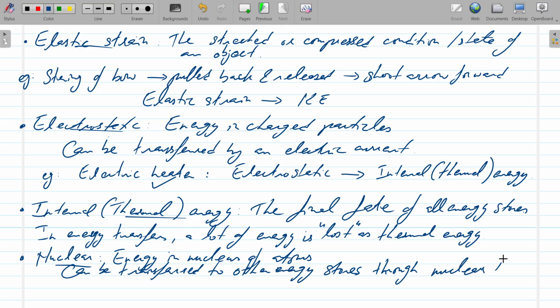So, nuclear fission and fusion reactions, and both of these involve tinkering with the nucleus of atoms and tapping into the vast, massive energy store in the nucleus, and trying to make good use of it.